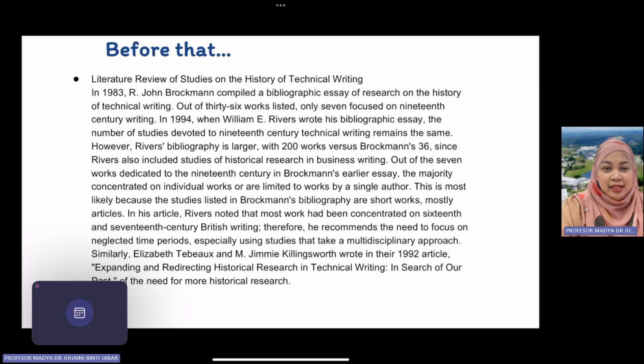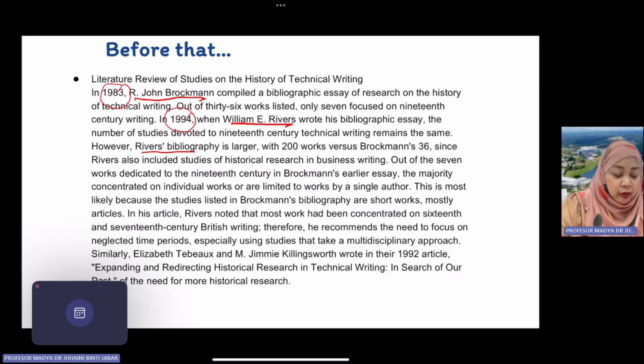So if you have done the exercise, some of the things that we can see here is maybe the content of the literature review. For example, the literature review looks into using a bibliography approach or also time frame. But here, what the author has done is only highlighting what other works have been done previously.